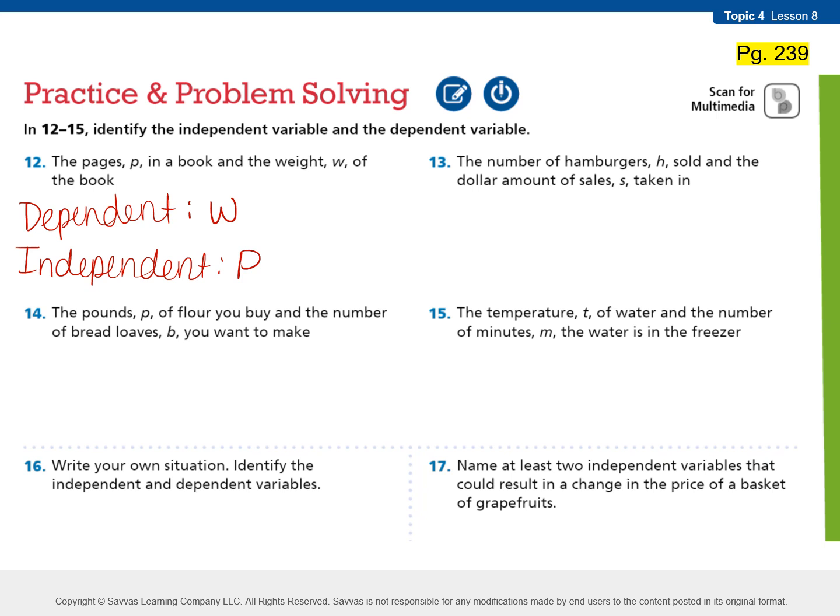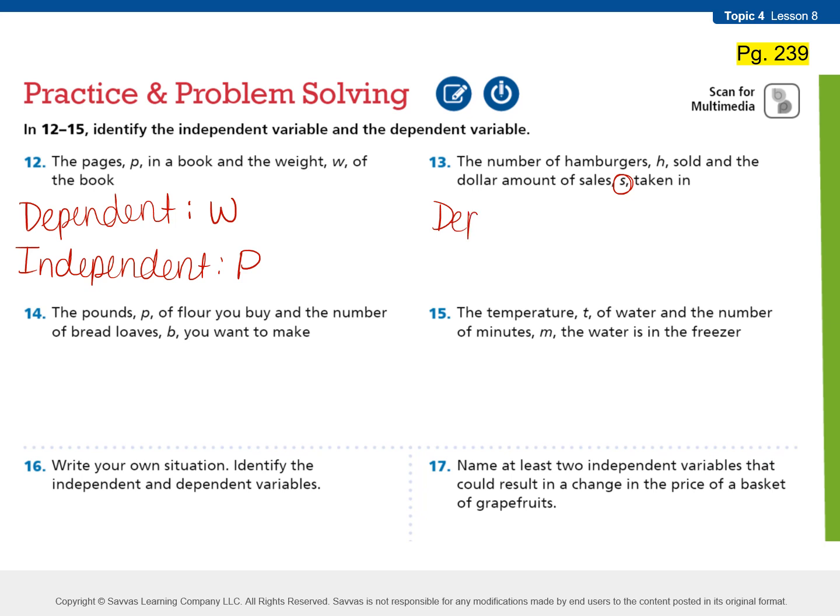Number 13. The number of hamburgers H sold and the dollar amount of sales S taken in. Which one do you think has the biggest change? Which one is depending on the other one in order for it to change? The dollar amount of sales is depending on how many hamburgers you actually sell.